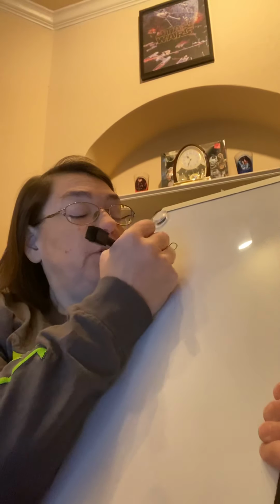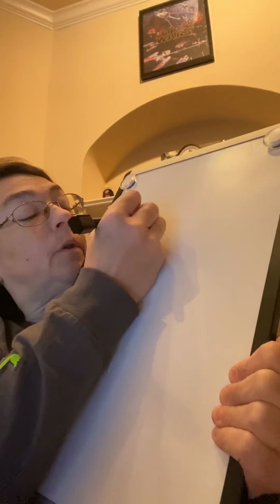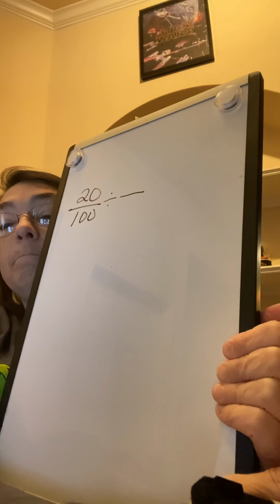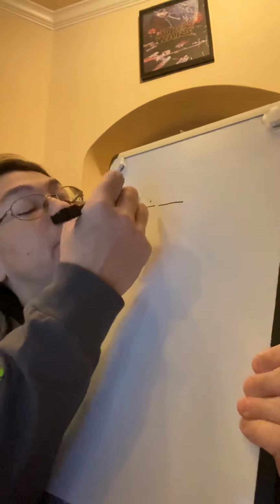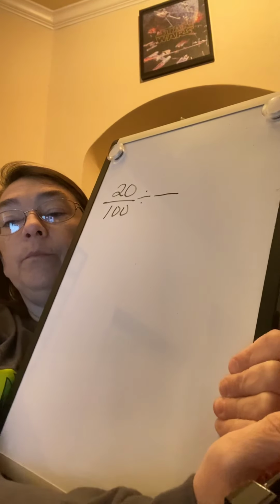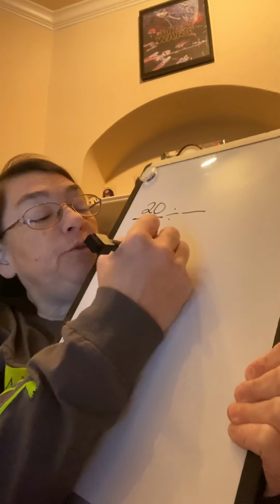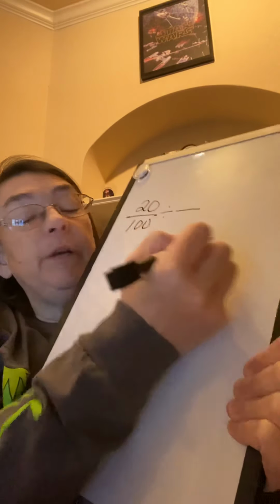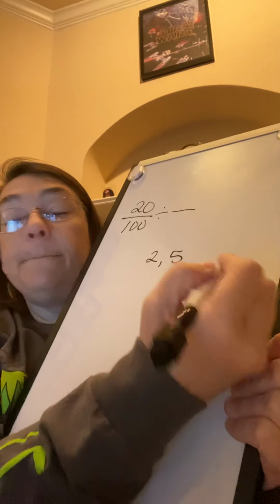So 20 over 100. What can I divide both those by? What number will go into both 20 and 100? 2, 5. Okay, I've heard 2. I've heard 5. What else? 10.